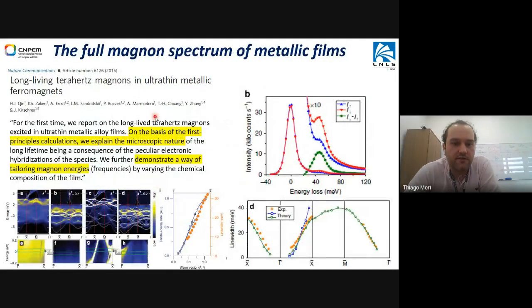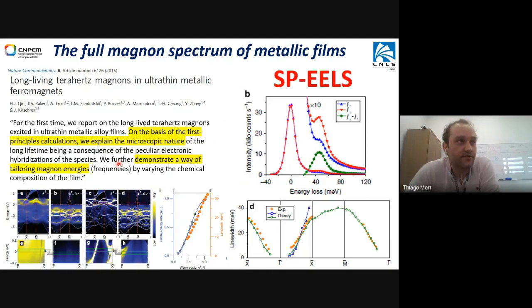In this other example, for the first time a few years back, they used electron spectroscopy to compare with first principle calculations and explain the microscopic nature of the terahertz magnons in very simple metallic samples, because it was impossible to do that before.